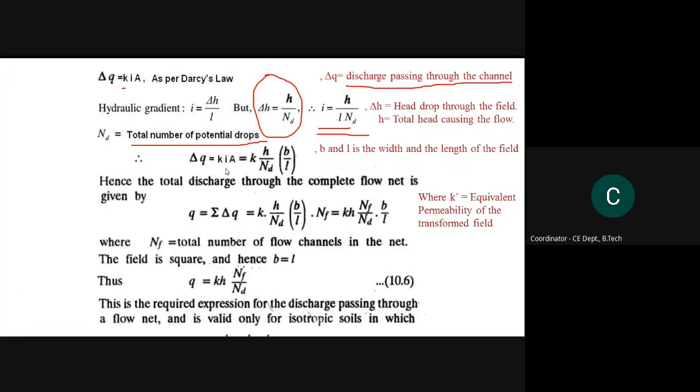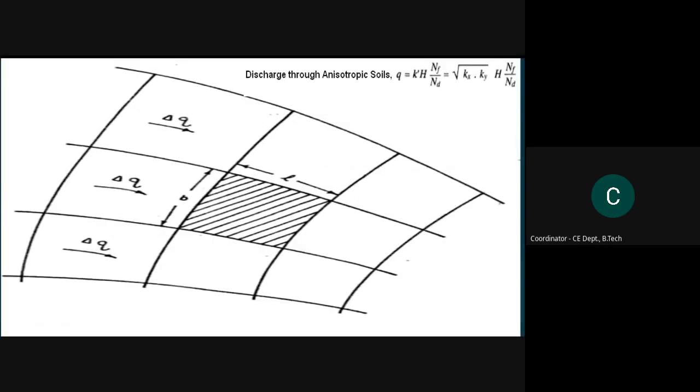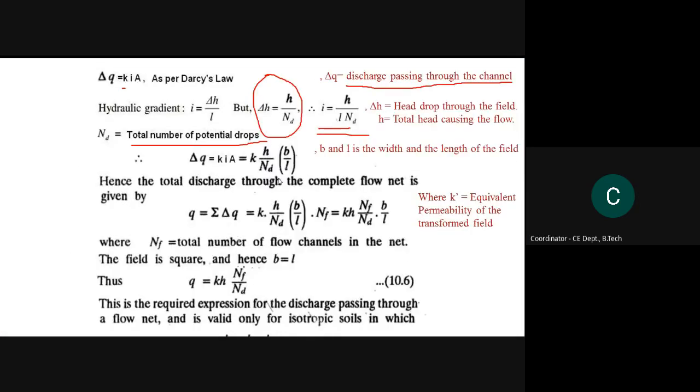Now let us put the value of i in Darcy's law, which is k into i, into area. Here i is h by L into nd, and area is taken as B into 1, that is B into unit length. If we calculate all this per unit length, then if any length is provided in the question, you can get the discharge for that length.